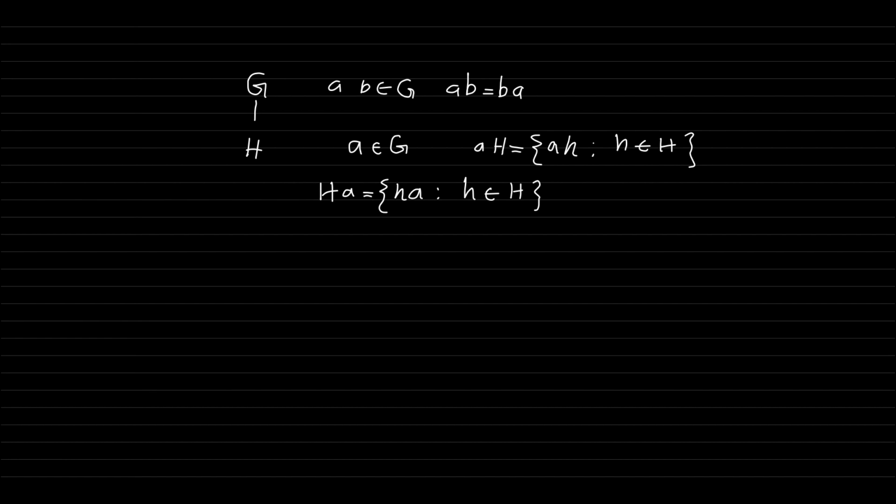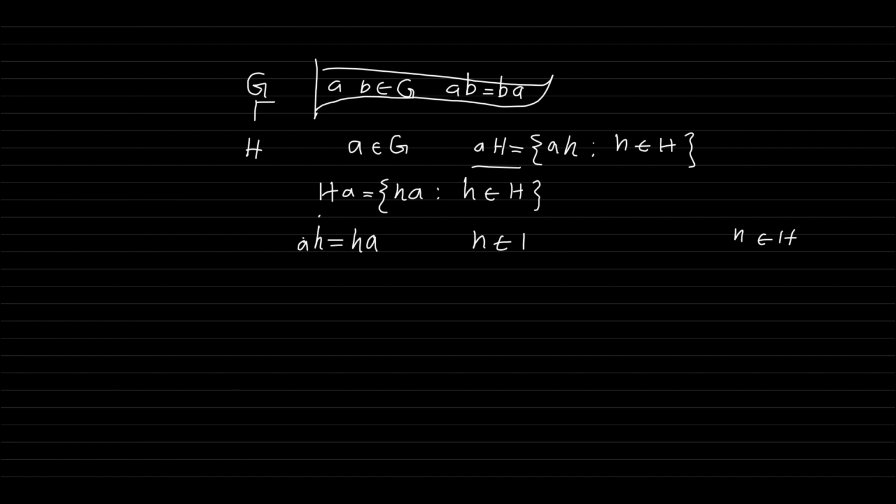Are these two sets equal? Yes, because any element in AH is in the form AH for some H in H. And since G is abelian, we have AB equal to BA for all elements in G. Here A and H are elements in G, therefore we can write AH is equal to HA, and this is true for all H in H. So this implies that AH is equal to HA.